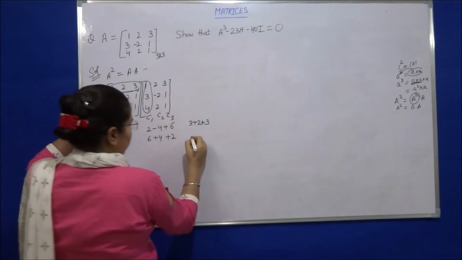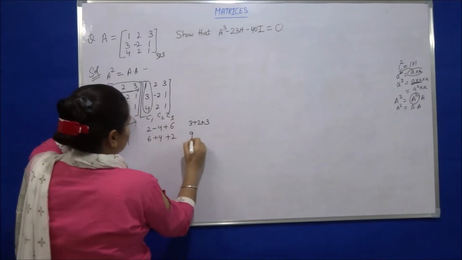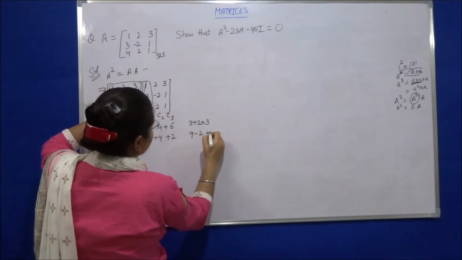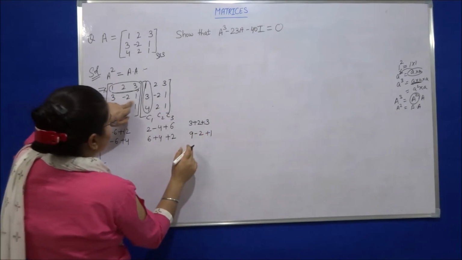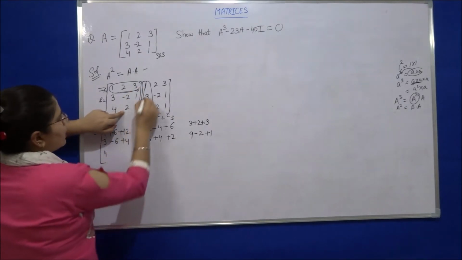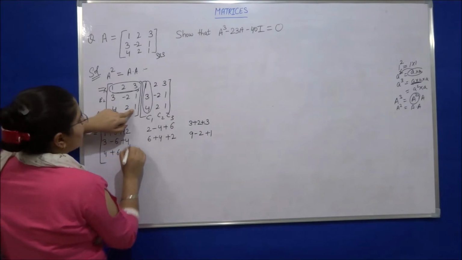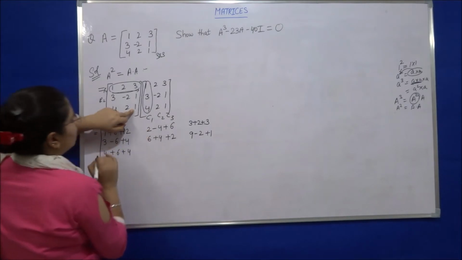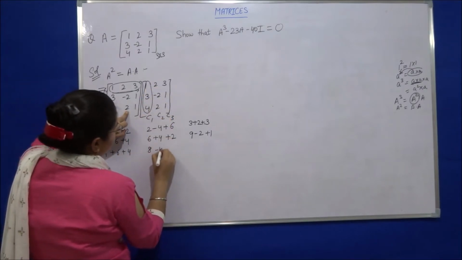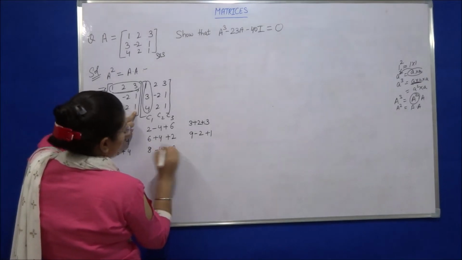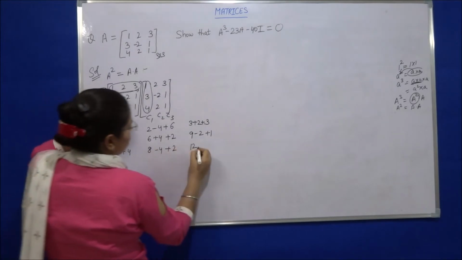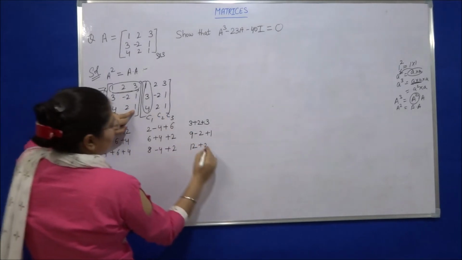Now 3 multiplied by 3 will be 9, minus 2 multiplied by 1 is minus 2, 1 multiplied by 1 will be 1. Now 4 multiplied by 1 is 4, 2 multiplied by 3 is 6, 1 multiplied by 4 is 4, 4 multiplied by 2 is 8, 2 multiplied by minus 2 will be minus 4, 1 multiplied by 2 will be 2. Now 4 multiplied by 3 will be 12, 2 multiplied by 1 is 2, 1 multiplied by 1 will be 1.